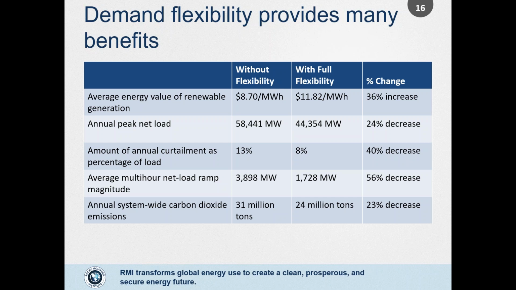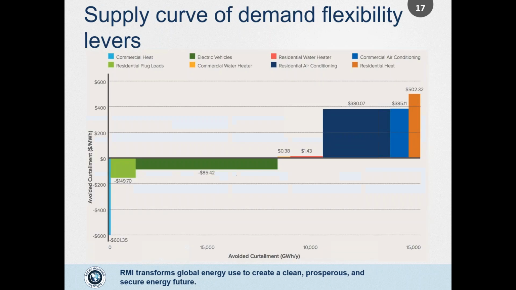So a lot of impacts, a lot of great benefits, but we also need to discuss the other side of the equation, which is what does this all cost? So this chart is a supply curve, and it shows all 8 flexible levers we looked at. And so we looked at the cost of enabling flexibility in each technology.